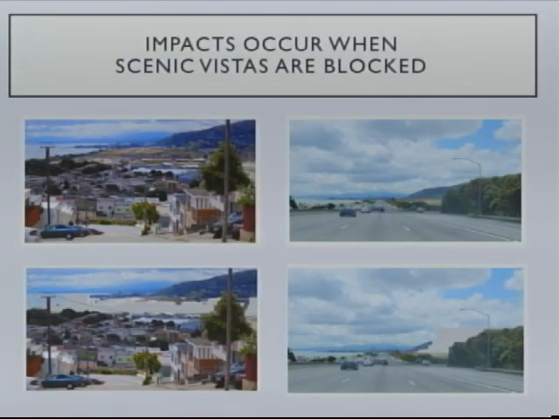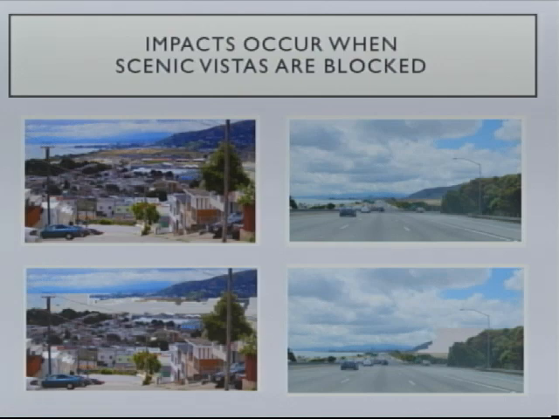And the impacts in the environmental impact report are based on blocking views. So scenic vista, when views of either the bay or the mountain were blocked, those were identified as an impact. And the visual simulations were based on the maximum amount of development proposed.